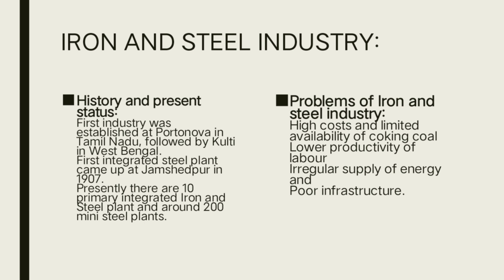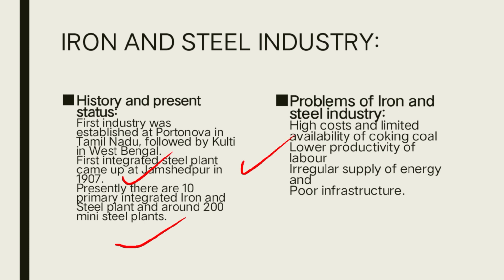The first integrated steel plant came at Jamshedpur, set up by Jamshedji Tata, the pioneer, one of the foremost industrialists, in the year 1907. Presently, there are 10 primary integrated iron and steel plants and around 200 mini steel plants.